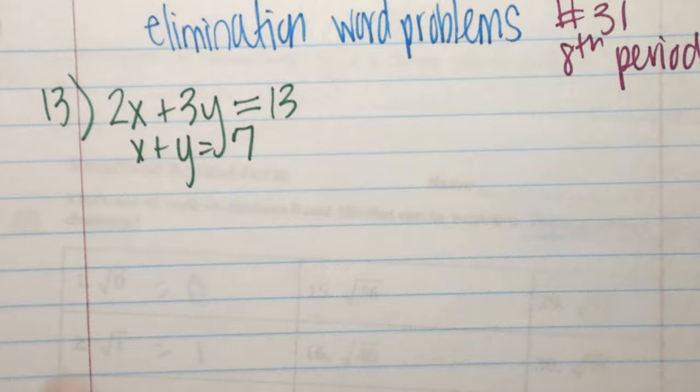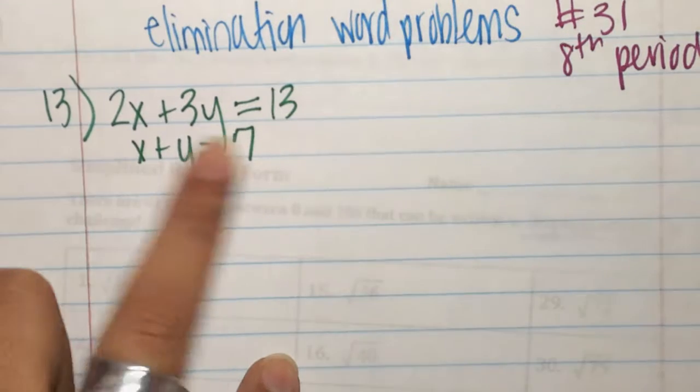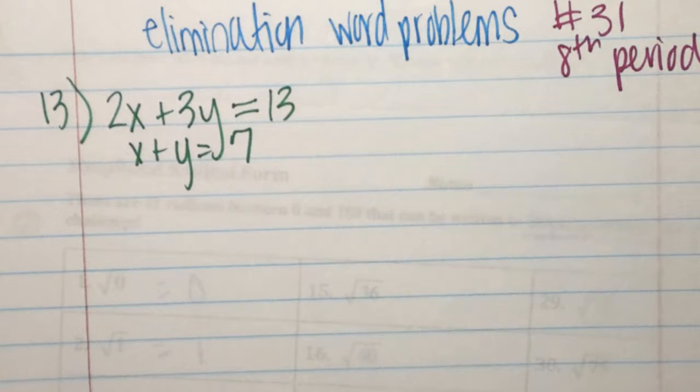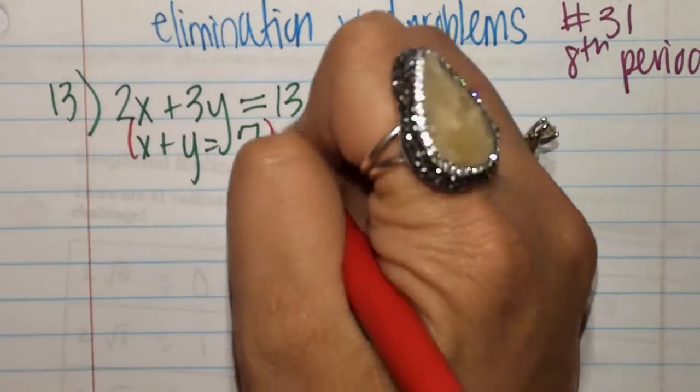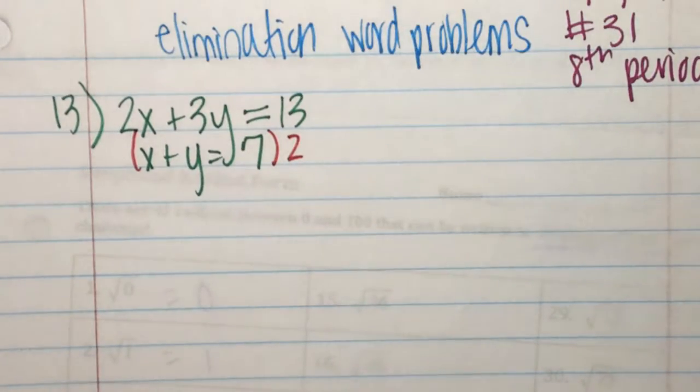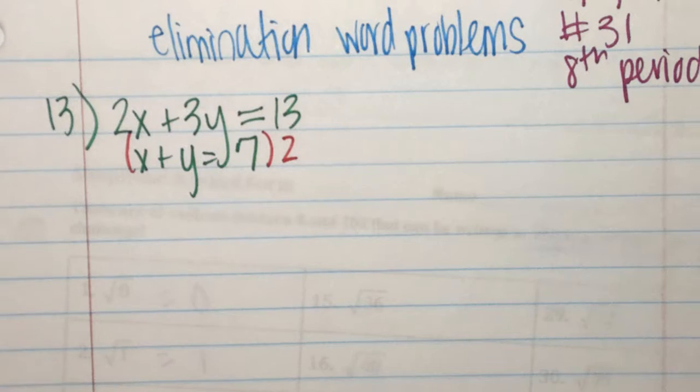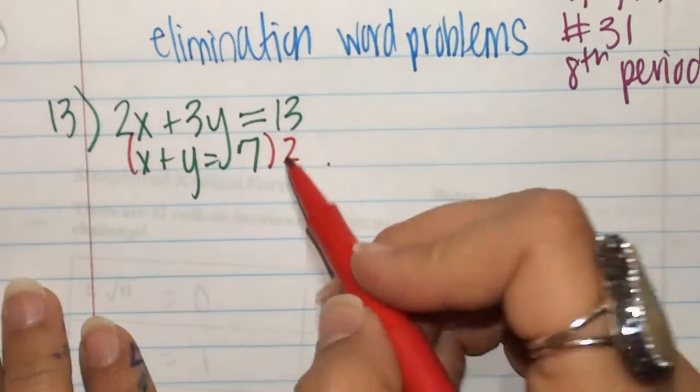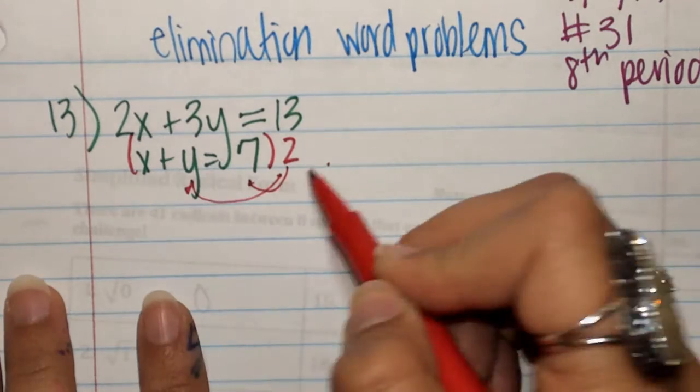Now, would you guys like to eliminate x or would you like to eliminate y? X? Okay. If we're going to eliminate x, what are we going to multiply this bottom equation by? 2? So let's multiply by 2. Are we going to multiply all the things by 2 or just one of the things? All the things.